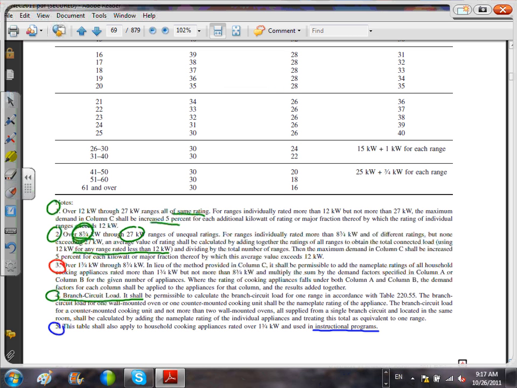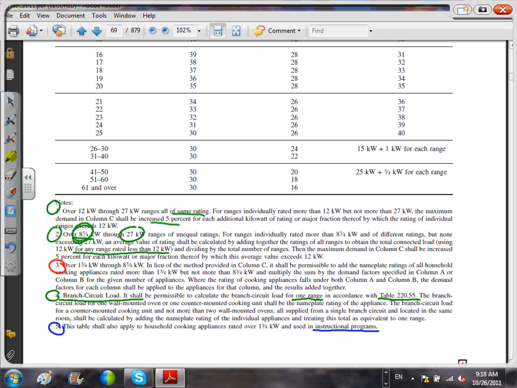How about branch circuits? We're going to do an exam on branch circuits. For branch circuits, it tells you that if it's a range, it shall be permissible to apply the branch circuit for one range according to this table. You can size a branch circuit for one range. If it's a range, you can use this rule, no problem. If it's an oven or a countertop unit, you have to use the nameplate. Oven, countertop, nameplate.